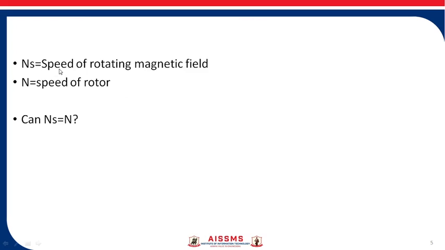So Ns is the speed of the rotating magnetic field and N is the speed of the rotor. But what happens if the speed of the rotor and the speed of the rotating magnetic field are both the same? When they are the same, the relative motion is zero and the flux cut by the rotor in this condition is 0.